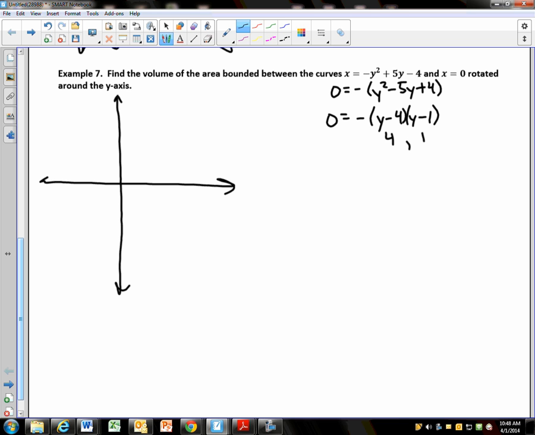And again, you guys said this is going to head to the left. So 1, 2, 3, 4. So that's my shape. And it's bounded by the curve, and then it says x equals 0.